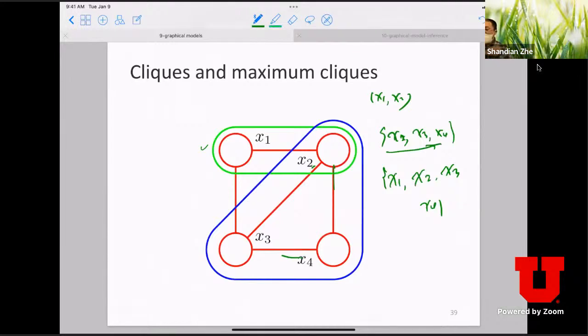Because if you add any additional node like x1, it won't be a clique anymore. Is x1, x2 a maximum clique? No, because if you add x3, it still is a clique. So it's not a maximum clique.